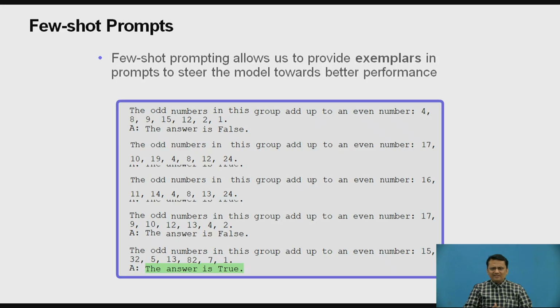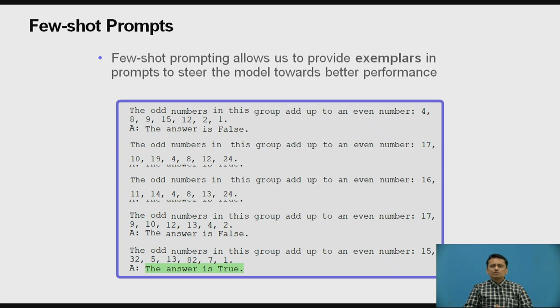Let us check again: 15 plus 5 is 20, 20 plus 13 is 33, 33 plus 7 is 40, 40 plus 1, so the result is 41.